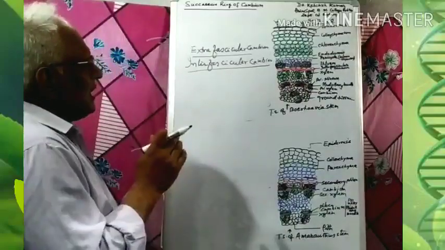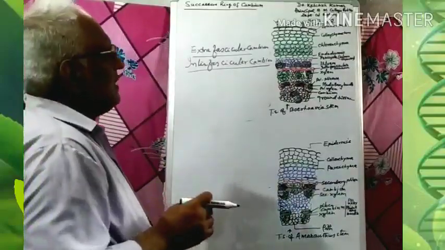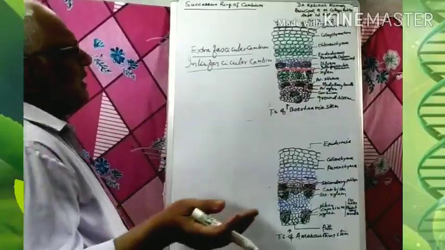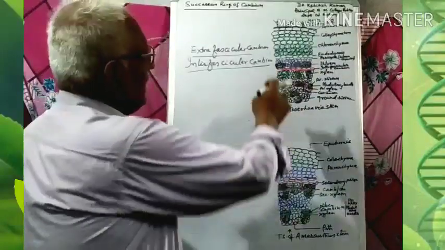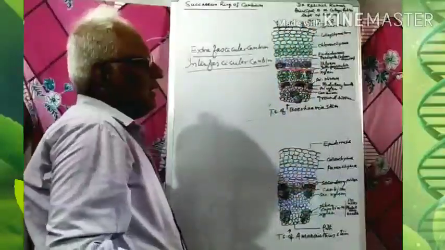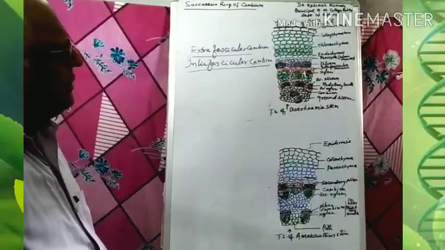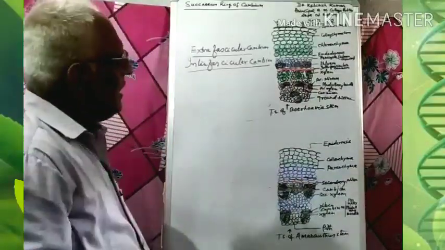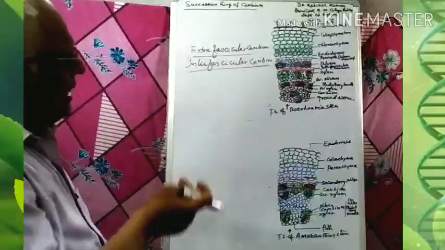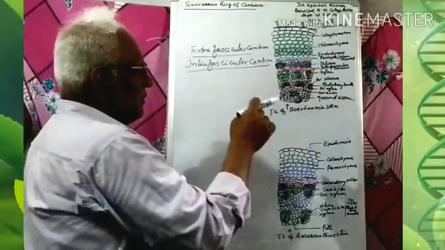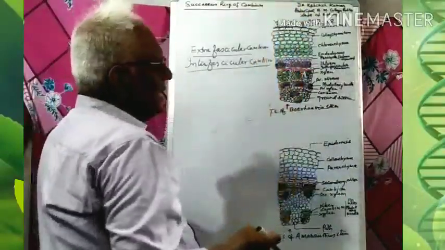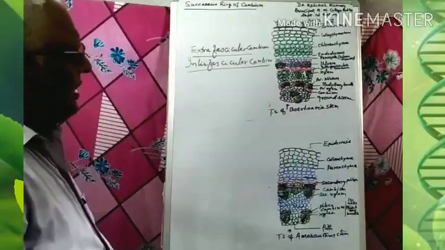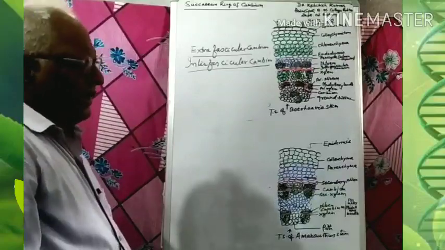pressure is generated, and hence, just like in common secondary growth, here in the cortical region there is the formation of cork cambium that starts cutting secondary cortex inward and cork outward, and due to the cutting of new cells there is an increase in the girth of the plant.